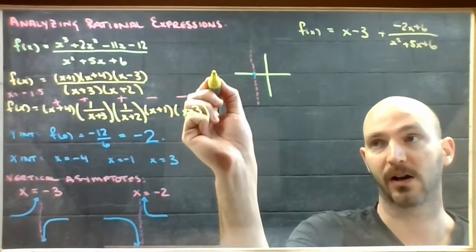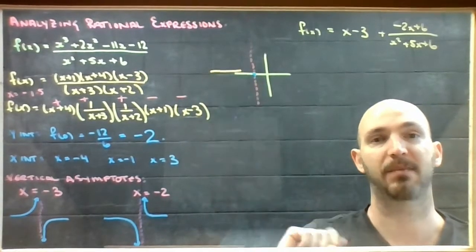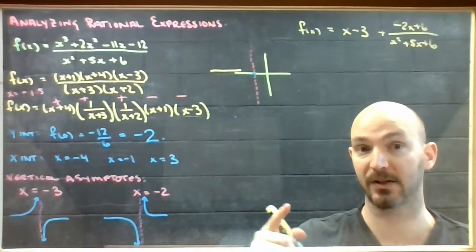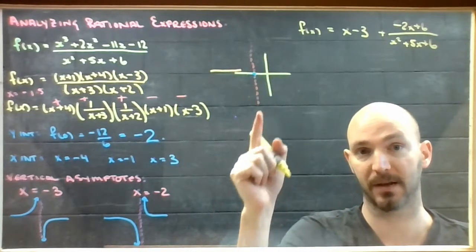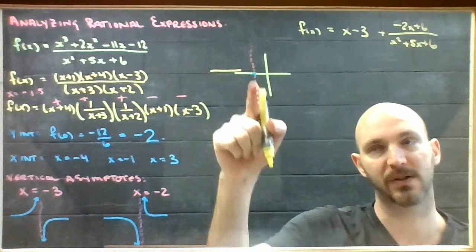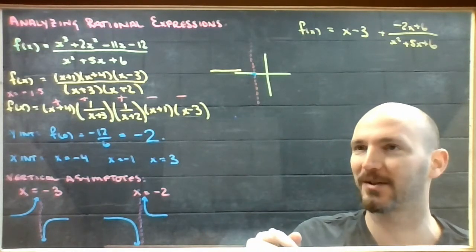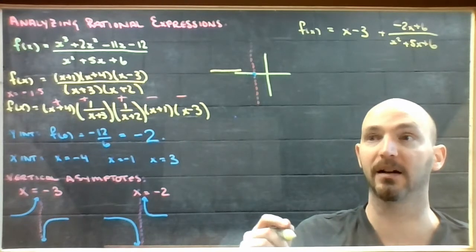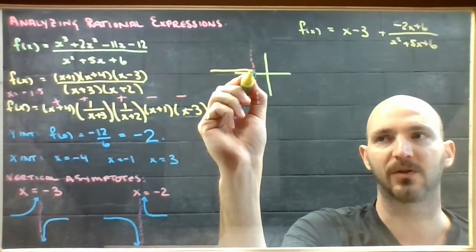So here you are, minding your own business, coming along this way, and you see this pink dashed line, and that pink dashed line says fire off to infinity and don't touch this pink line. But you also see a blue dot there that says I'm an X-intercept. You could cross to the other side of the axis if you went through me here. So you go and you try, and maybe we try the intercept.